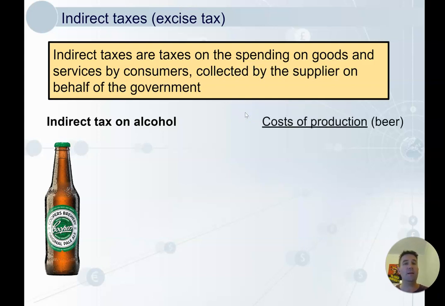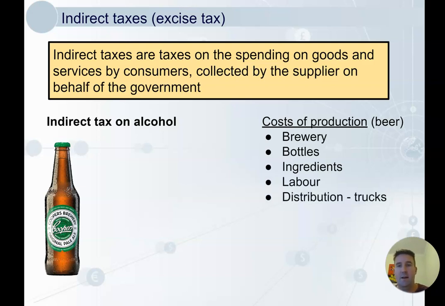So what that does is it essentially increases the cost of production. So we'll look at beer here. Let's look at what some of their cost of production might involve. You've got the brewery. That's a big cost, right? You've got the bottles. This isn't an exhaustive list. You've got all the ingredients, all the stuff that goes in there. The labor, right? And the distribution, all the trucks sending it everywhere.